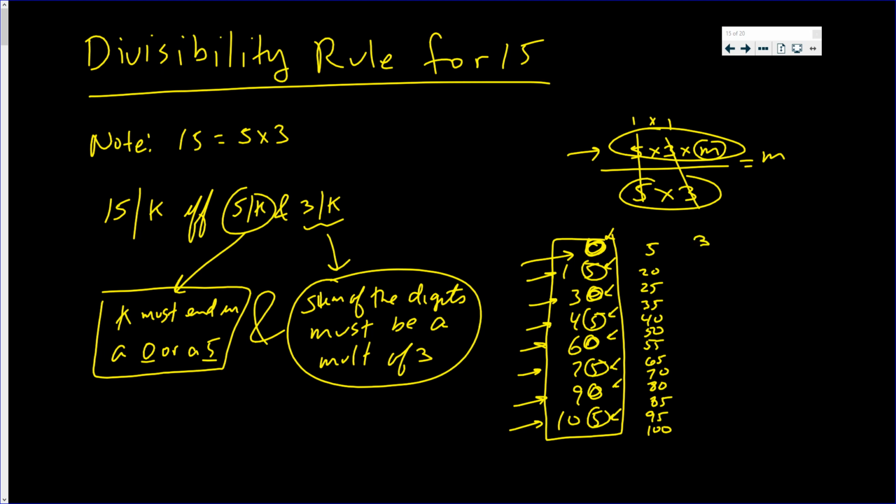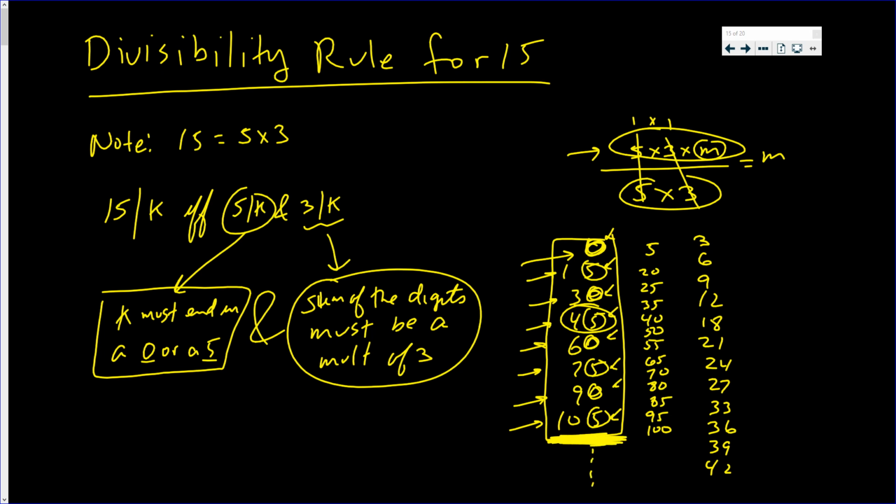We skip 3 and 6 and 9 and 12. We have 15, but we don't have 18 and 21 and 24 and 27. We have 30. We don't have 33 or 36 or 39 or 42. We have 45.